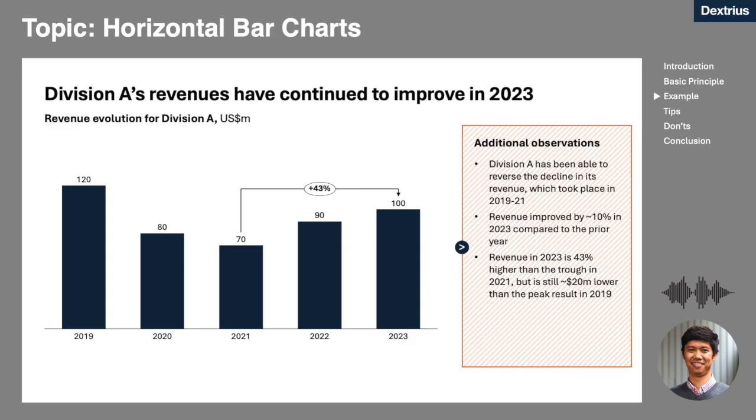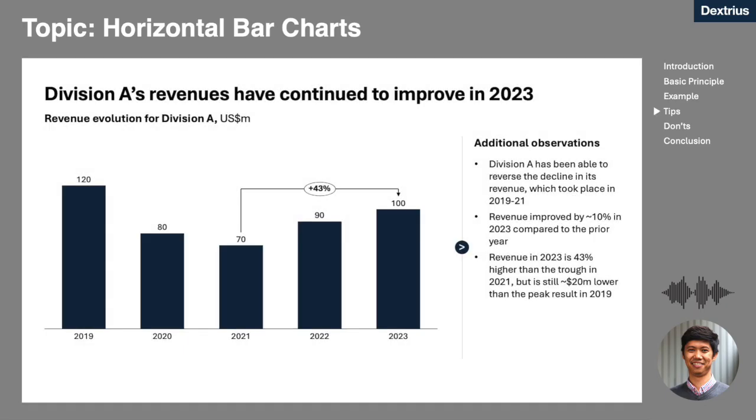And then if you compare that latest period of 2023 to the lowest value over the last 5 years, then that increase was roughly 43%, but still lower than the peak value which was recorded in 2019 by about $20 million. So that's the example chart.